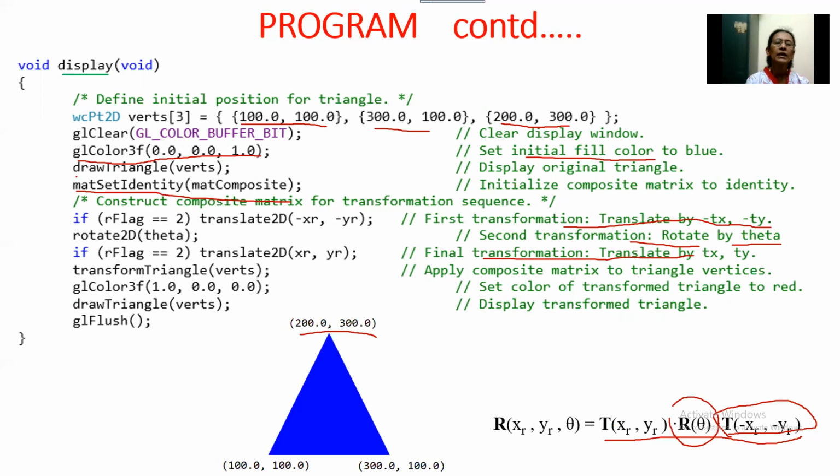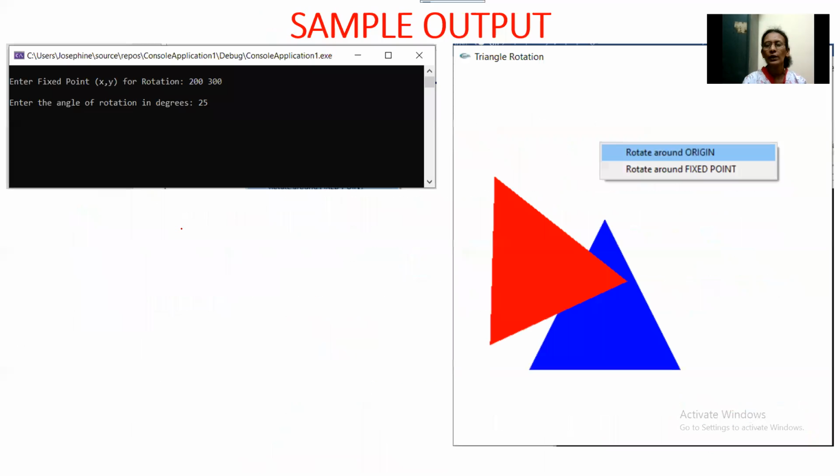Okay, so if r flag equal to 2, r flag equal to 1 in the menu is rotation about origin, we have seen. Rotate about origin, this is the first, r flag equal to 1, and this is r flag equal to 2, rotate about fixed point.